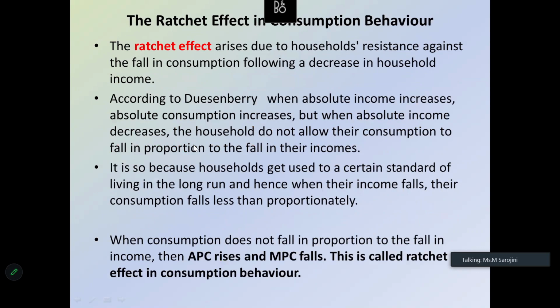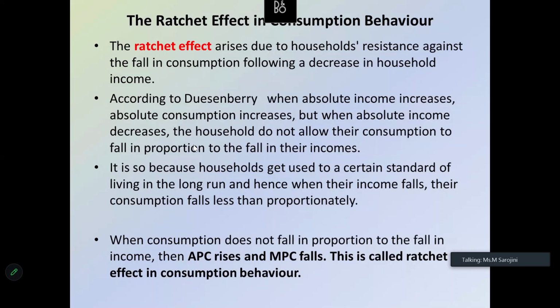Until now, you are very clear about what the demonstration effect of Duesenberry is. Duesenberry explained that poor people who live with higher income people tend to have higher consumption than high income people. Right? That is the demonstration effect. Also, when the absolute income increases, consumption also increases.